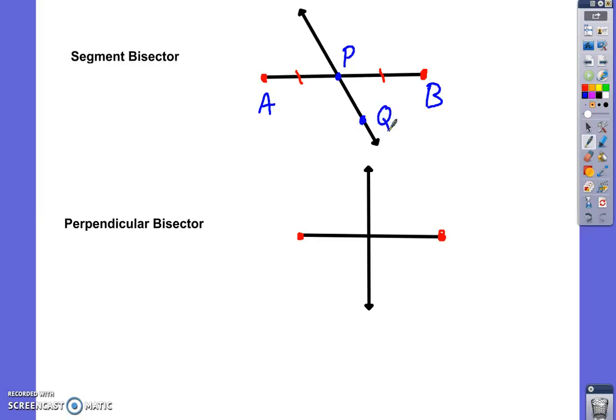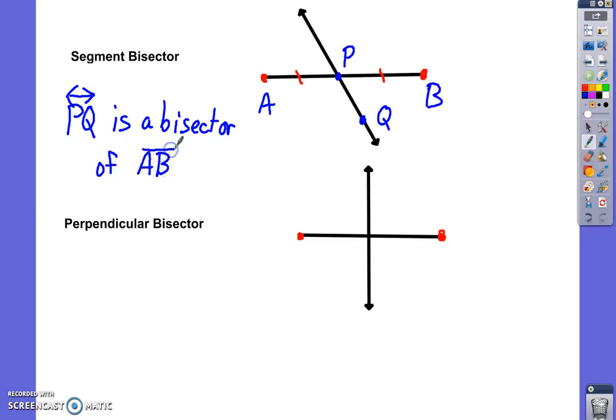In other words, that means that PQ, and that's a line PQ, is a bisector of segment AB. Why? Because it's the midpoint. It cuts it in half. You see the congruent marks. This one congruent to this mark. So this congruent mark tells us that this segment is congruent to this segment. So that's why the congruent marks.